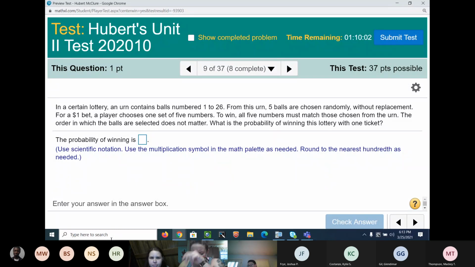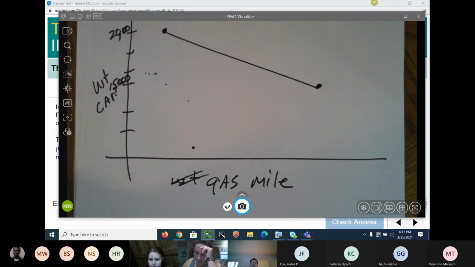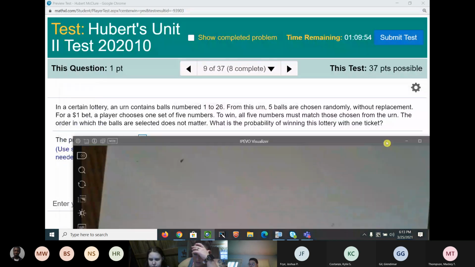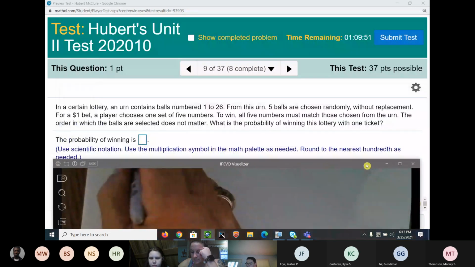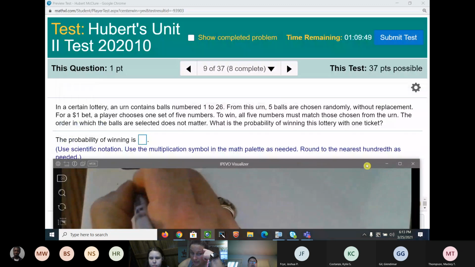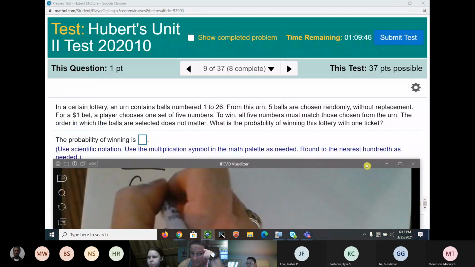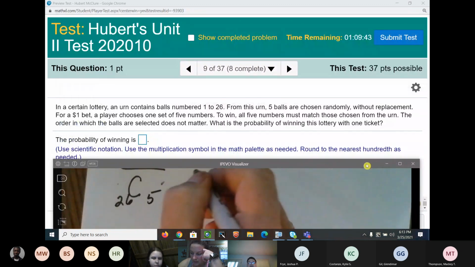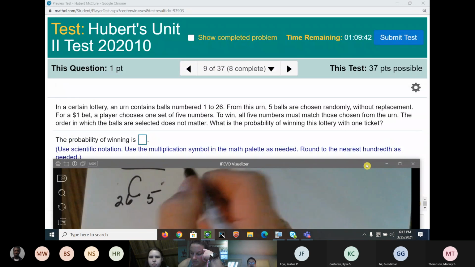What is the chance of winning? So that's going to be 1 over. I got 1 over 65,780. 26 combination 5. And it says they want scientific notation rounded to the 100th.